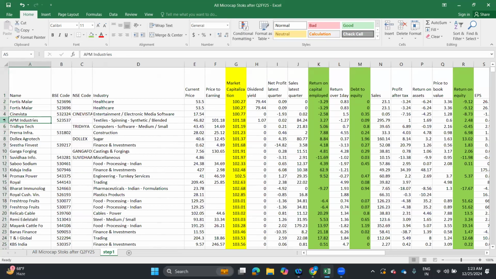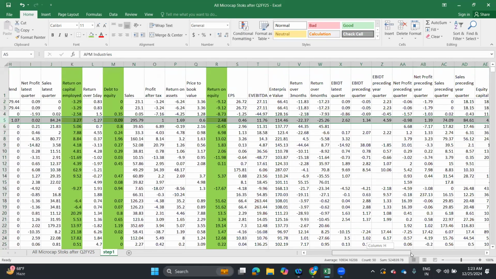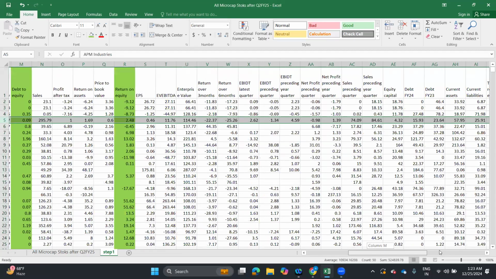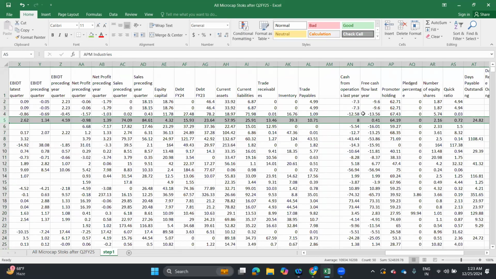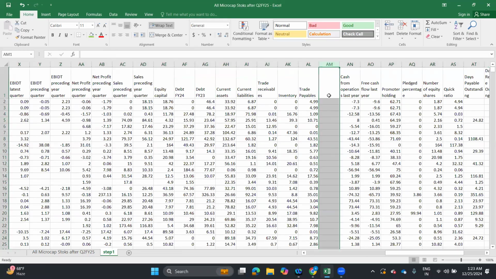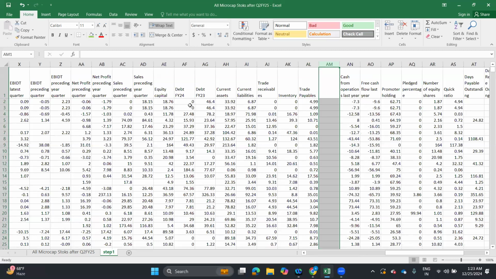Let's say this APM Industries. Where is the debt? Yes. Okay. So let me delete this blank column, otherwise it will create problems.